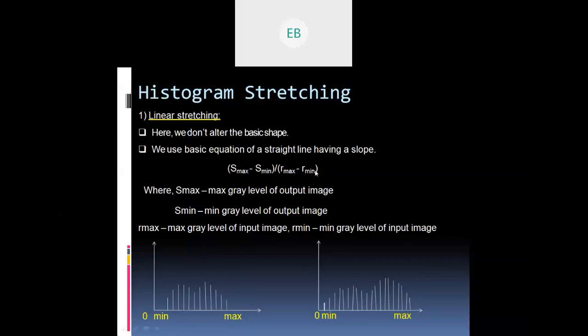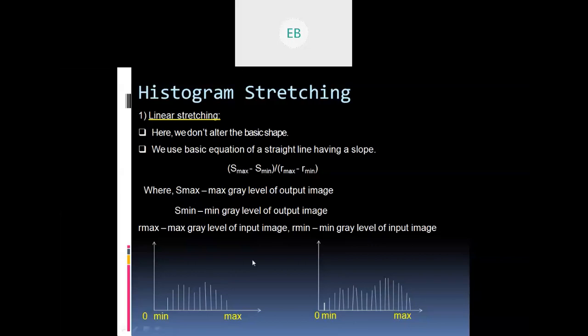You expand it by calculating the slope of a straight line. You calculate the basic equation of a straight line having a slope, and slope is given by y by x, that is, m equals y by x.